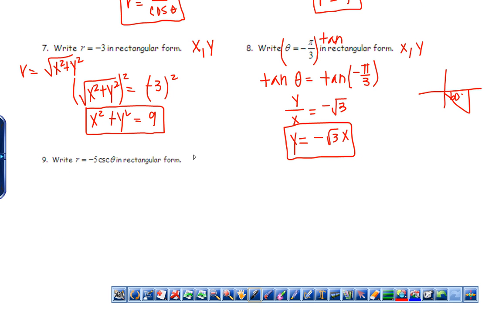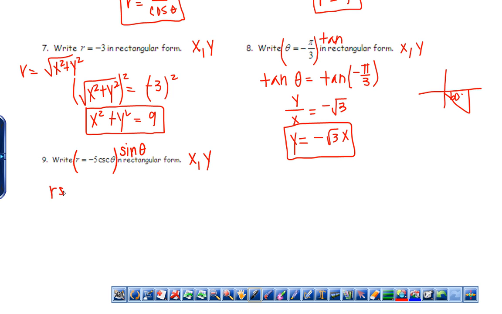Let's see what to do with this one. Okay, we're going to rectangular again. So x, y. Just like before, I multiplied by tangent. There's nothing with secant in it. So cosecant is the reciprocal of sine. So I'm going to multiply by sine theta. If I do that, this comes out pretty cool.